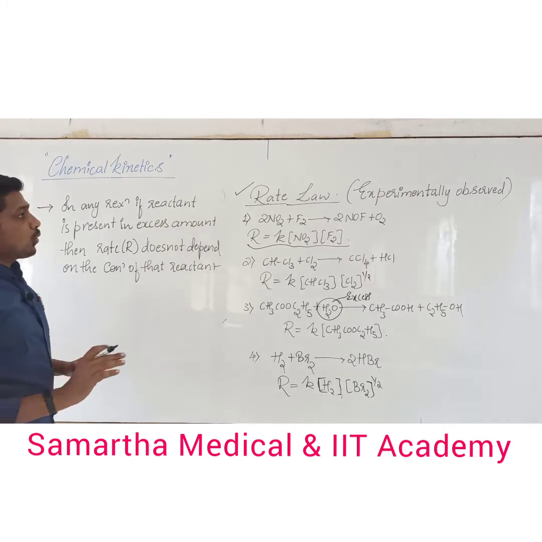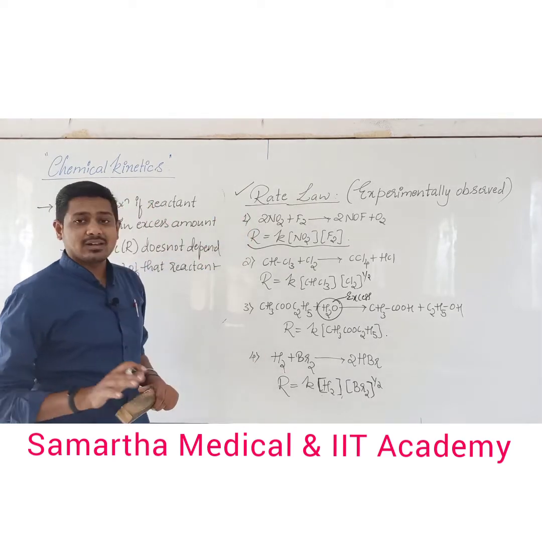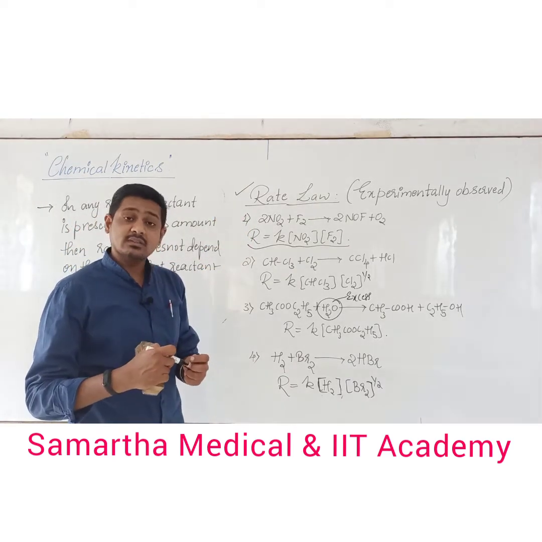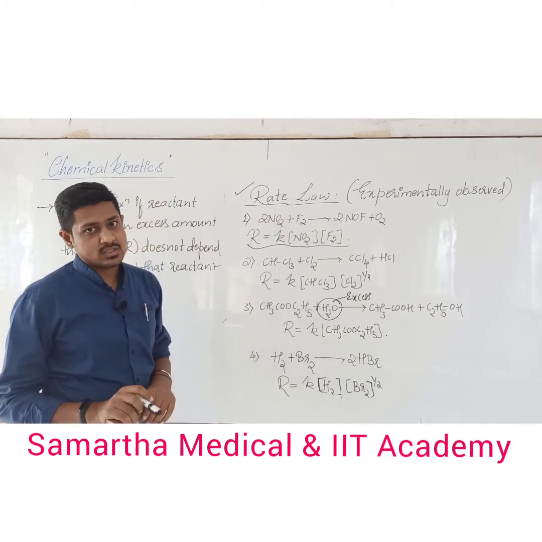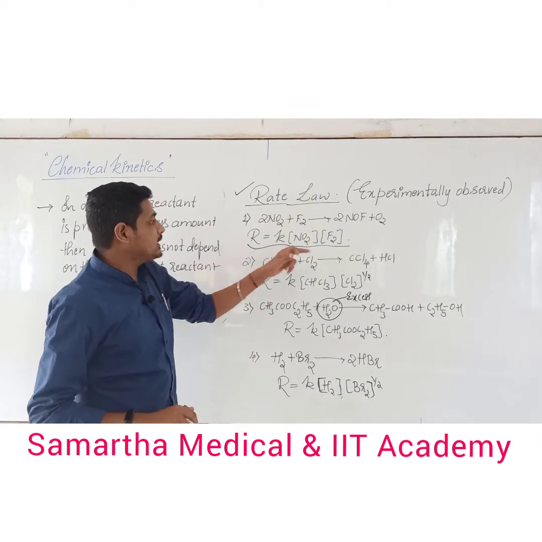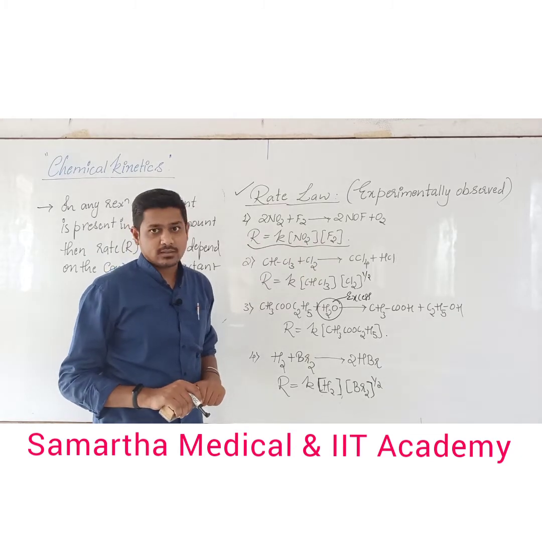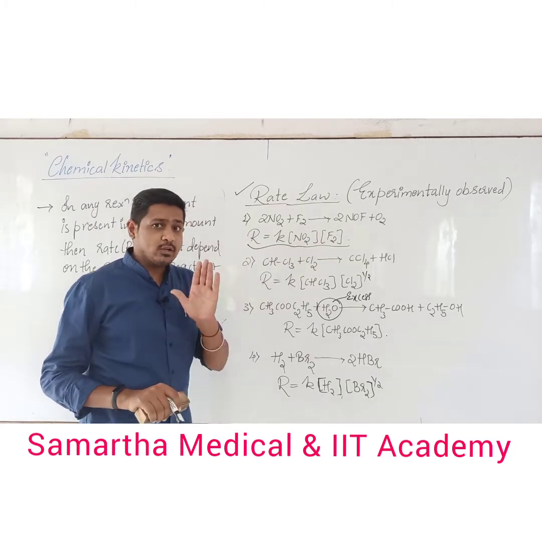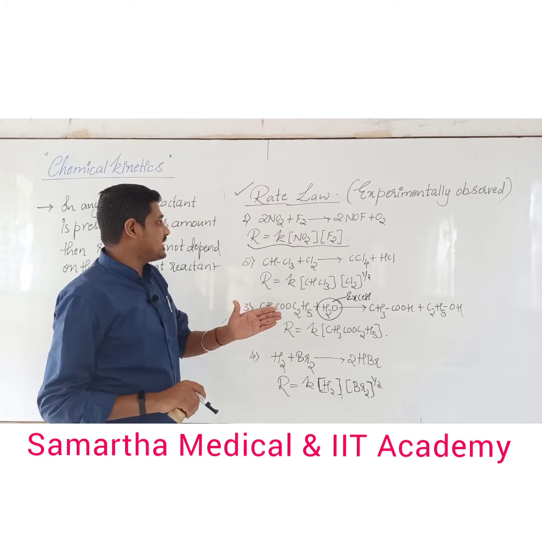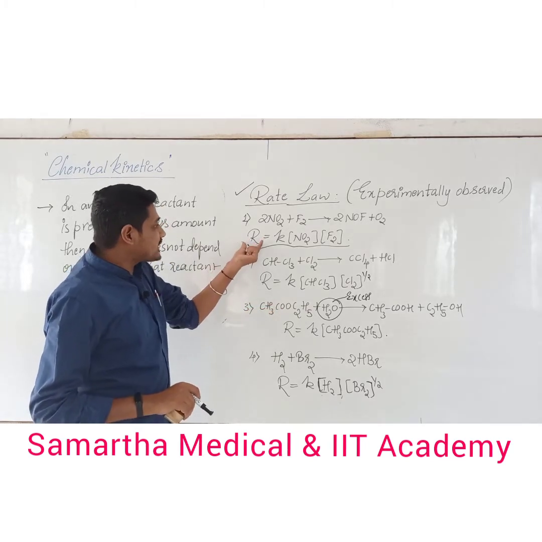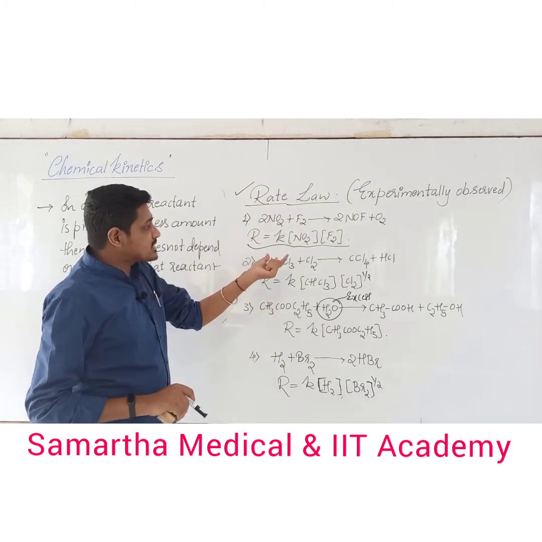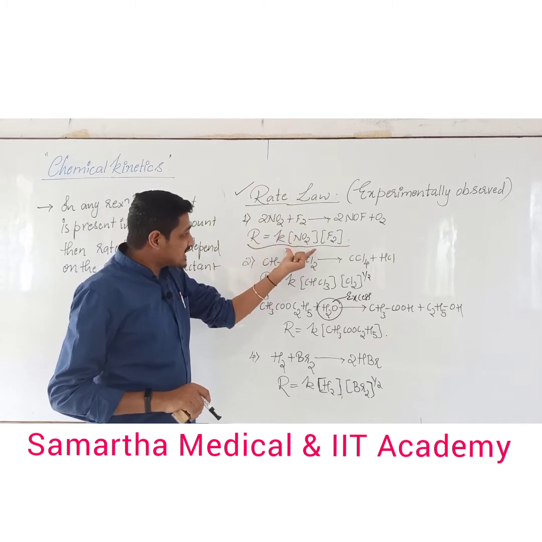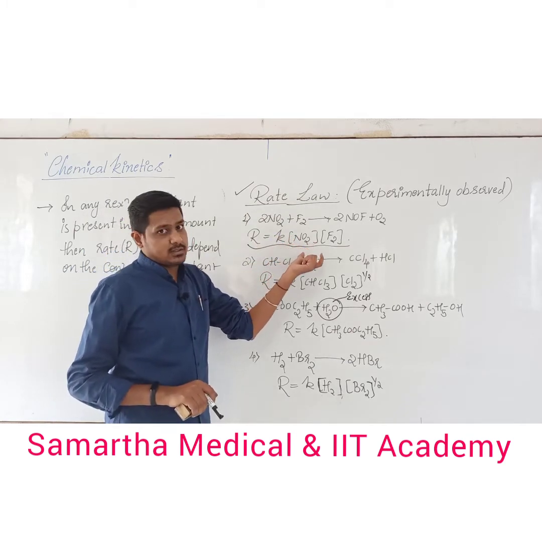So what is the overall conclusion from the rate law? Obviously this tells us the quantitative relationship between rate and the concentration of the reactants. But if you observe closely, what it is saying is how the rate of a reaction depends on the concentration of each individual reactant.